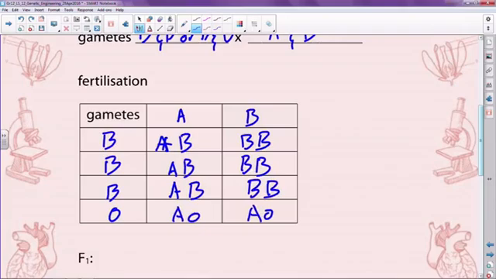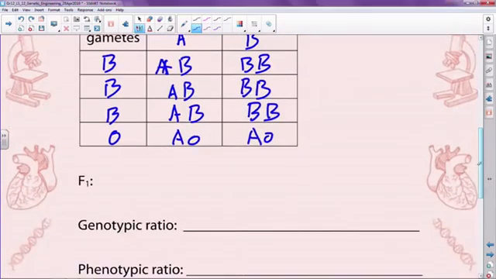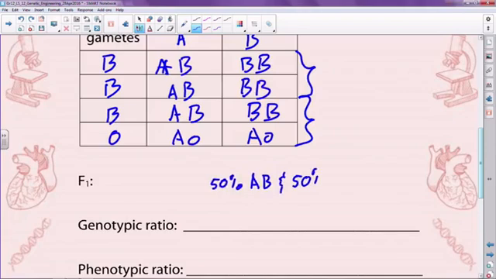So, what can I deduce? The ratio genetically. Now remember, this is just to show you how things work. So I need to look at this one separately to this one. I just put two crosses in there so we can see what's happening. Okay, so the first ratio is 50% AB and 50% BB.